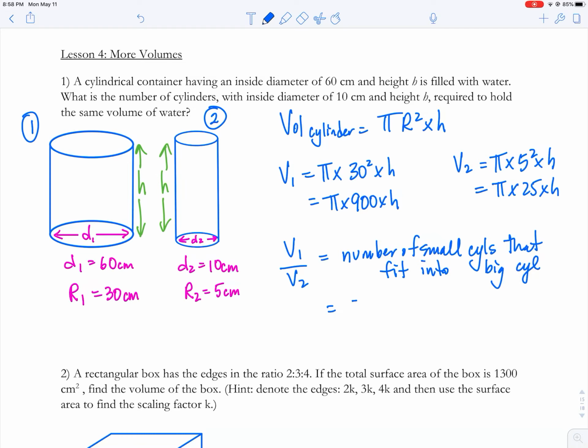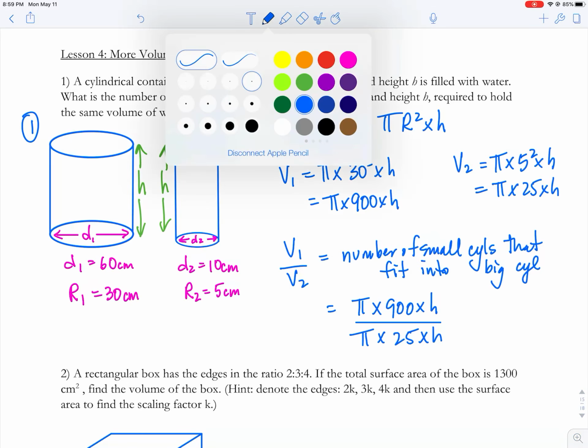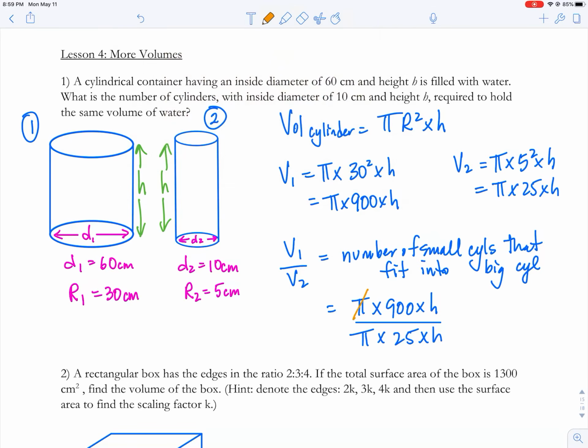So volume 1 would be pi times 900 times h. Volume 2 is going to be pi times 25 times h, and a whole bunch of stuff cancels out. So pi cancels with pi, h cancels with h, and when we simplify this all the way down, we get V1 over V2 equals 900 divided by 25, or 36.